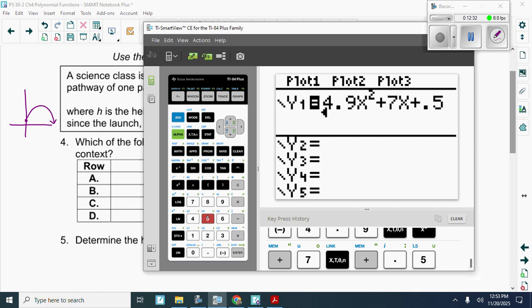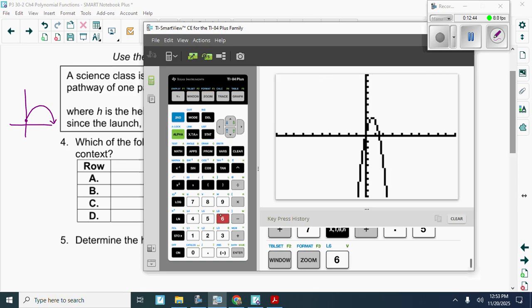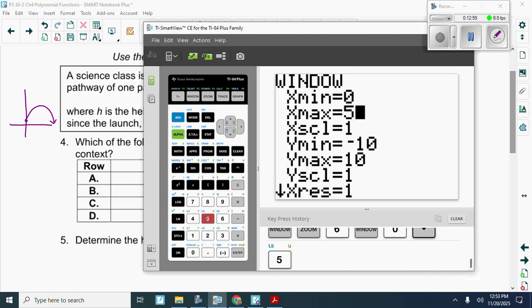We're probably going to have to adjust our window because we're dealing with a really short period of time. The catapult takes off and it's probably going to land within a few seconds. So I'm just going to zoom 6 to reset mine. And then I'm going to change my window. It doesn't make sense to have any negative numbers in the x because that would be a negative time. So we for sure would need to go from 0, and I'm thinking maybe 5 seconds. I can see if that's too short when I take a look at it.